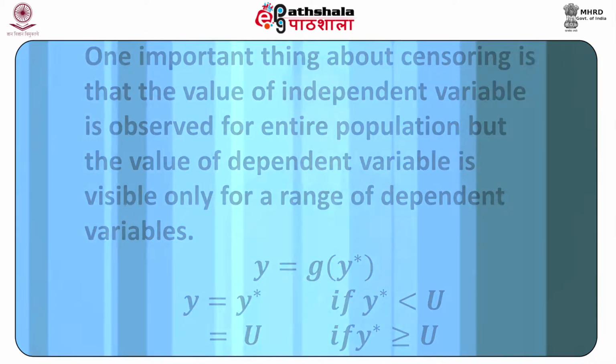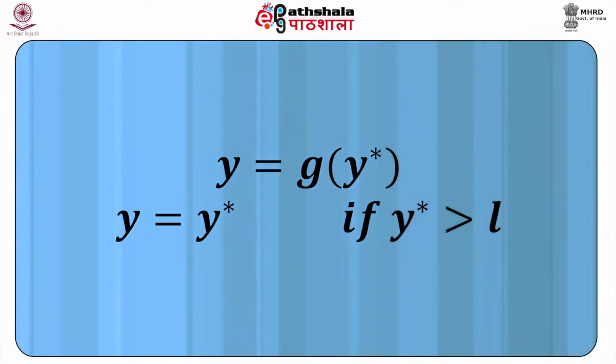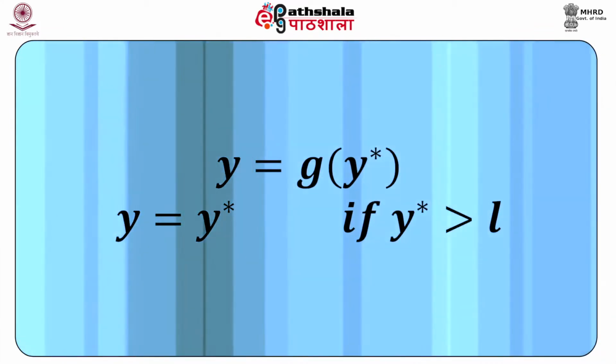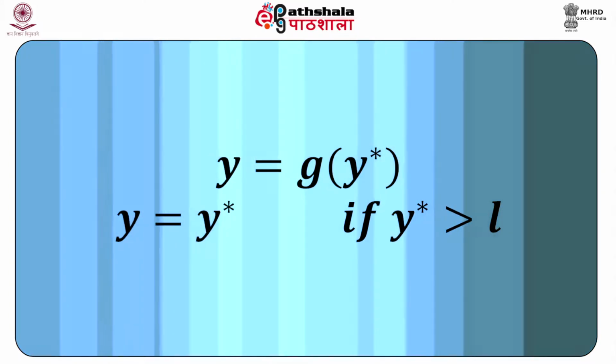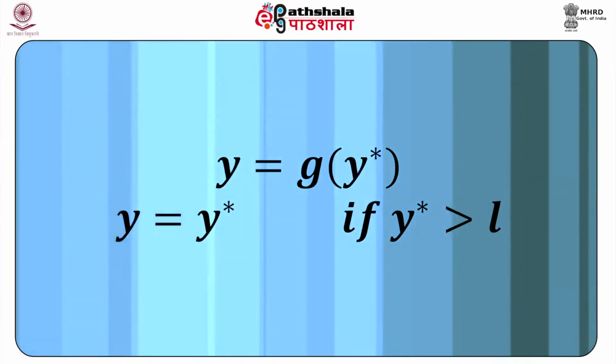We could have another possibility known as truncation, in which we don't observe both independent and dependent variables for a range of our population. If we don't observe sample elements below a certain given value, this is known as truncation from the left or truncation from below.